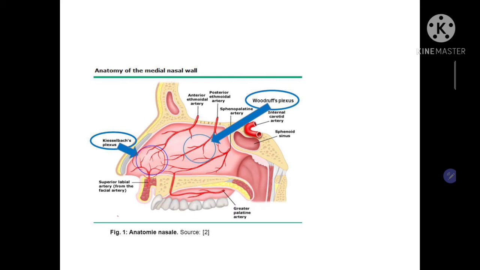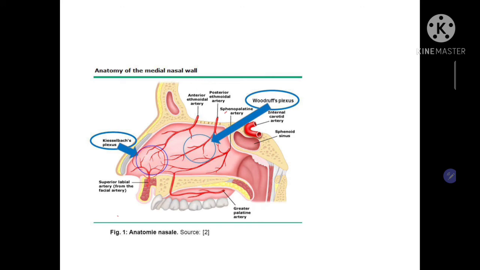Remember, this anastomosis is in the septum. And here you see the posterior ethmoidal artery, again ophthalmic, and the maxillary artery. They make an anastomosis, and it's called the Woodruff plexus.